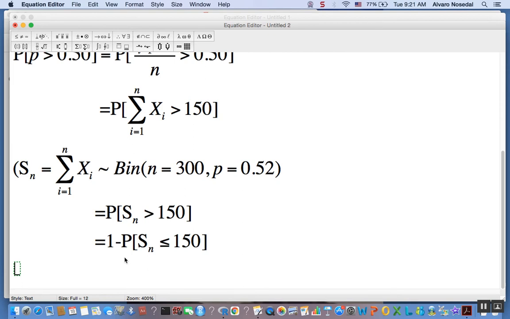But that would be the CDF, the cumulative distribution function of Sn, evaluated at 150.